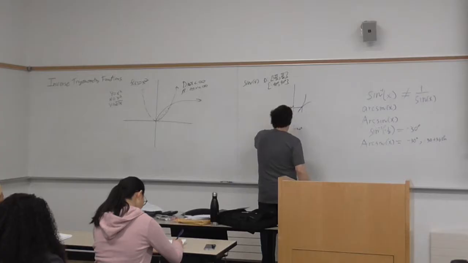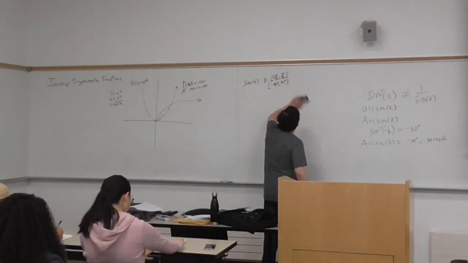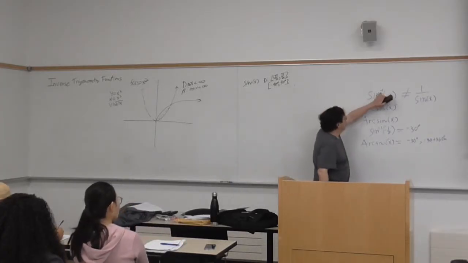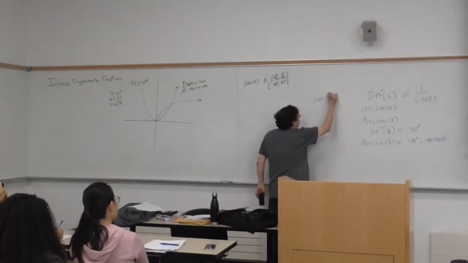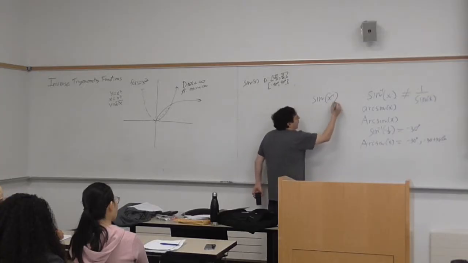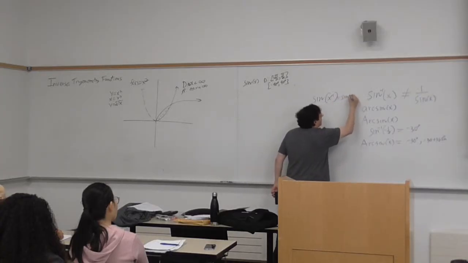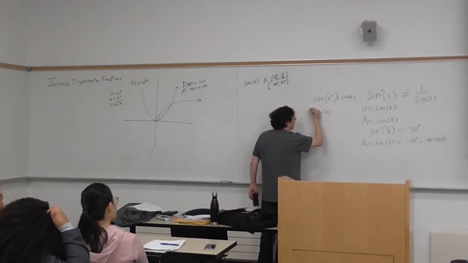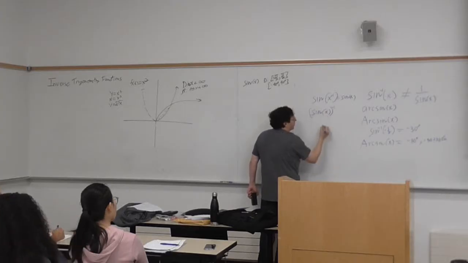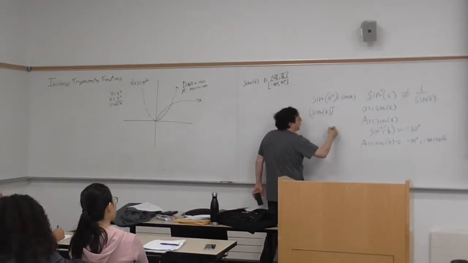Keep in mind if I wanted to use this minus 1 to mean reciprocal, I could say sine of x to the minus 1, that would be the sine of 1 over x. Or if I really want to find the reciprocal of the sine of x, I would put that in parentheses and put the minus 1 here.